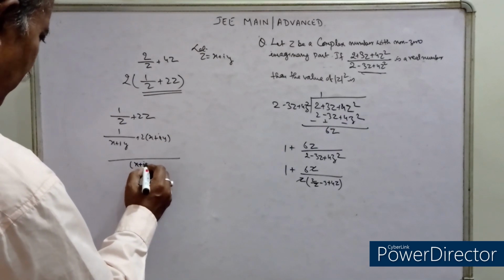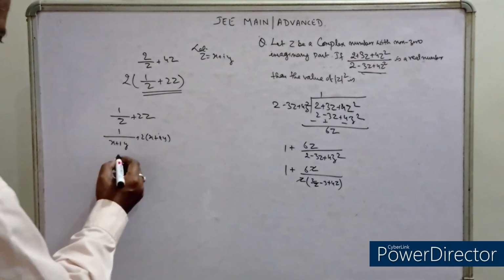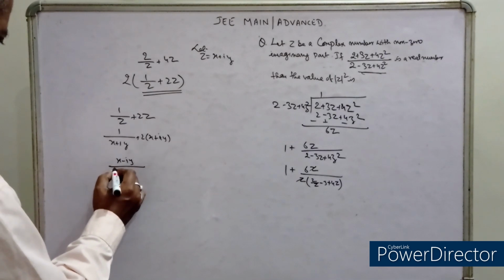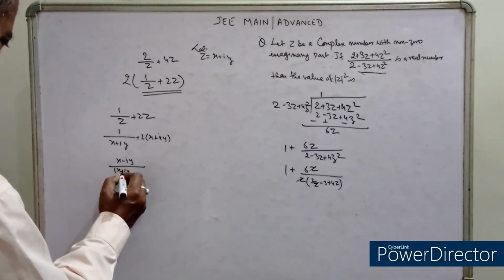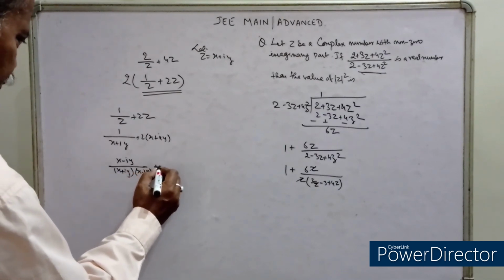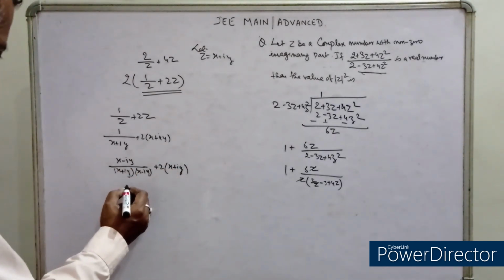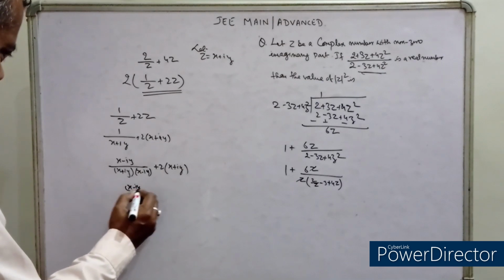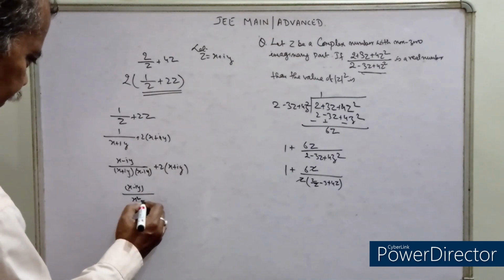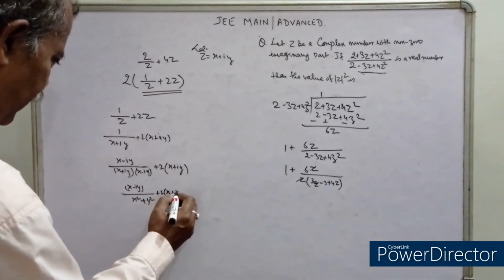This will be x minus iy over x plus iy into x minus iy, plus 2 times x plus iy. So here this will be x minus iy by x square plus y square, plus 2 times x plus iy.